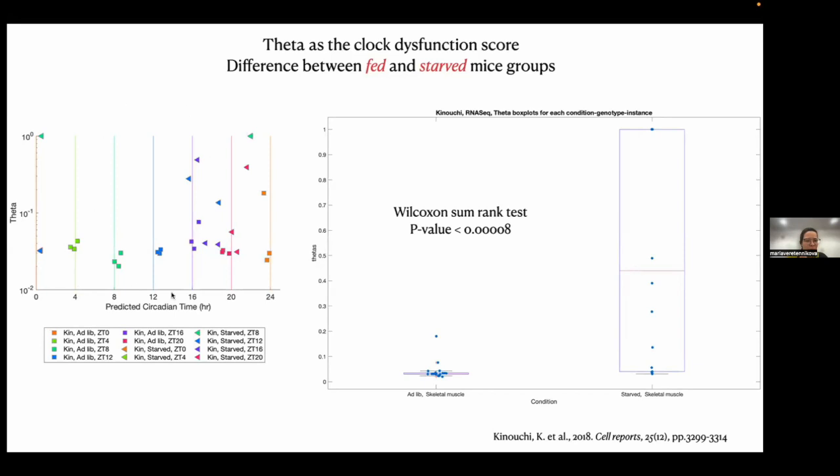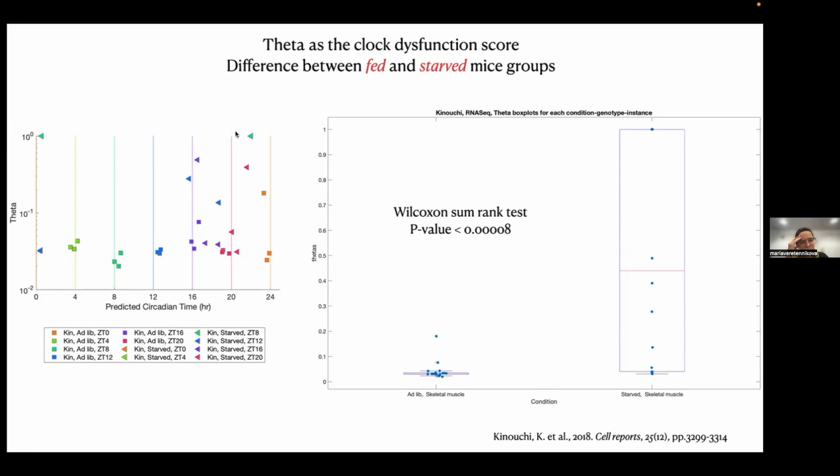Also, if you look at the plots on the left, the colors of the points matter. If you see blue being close to the blue line, that's good. That means the predicted time was close to where it should be.